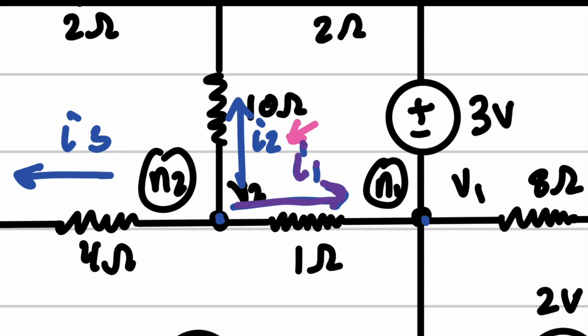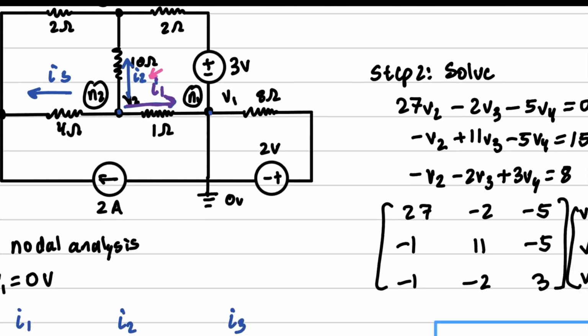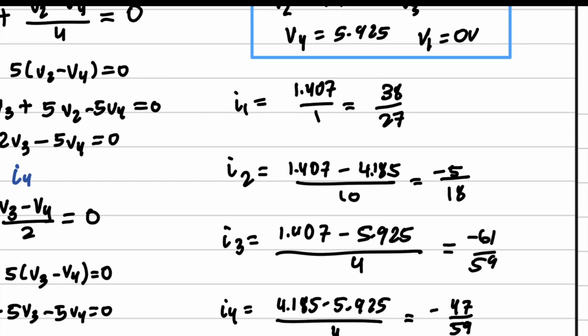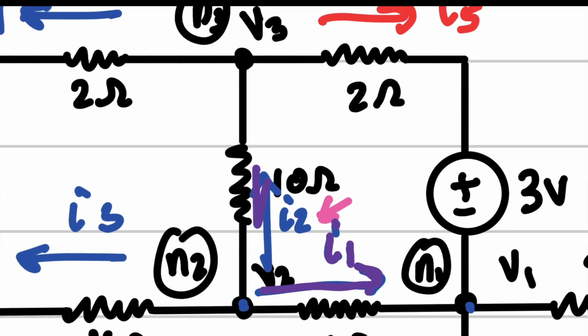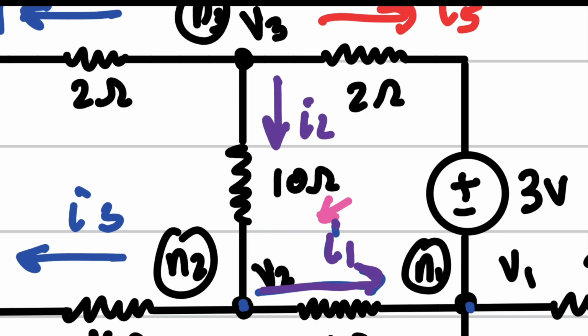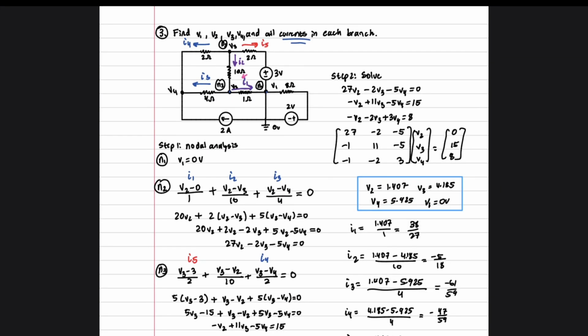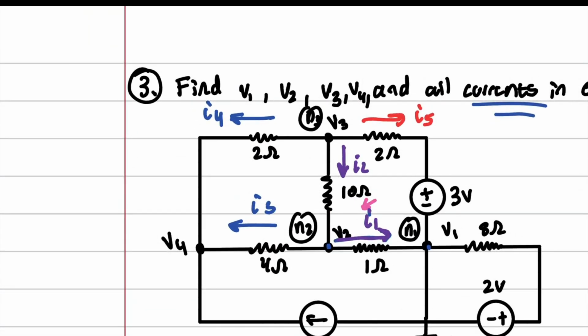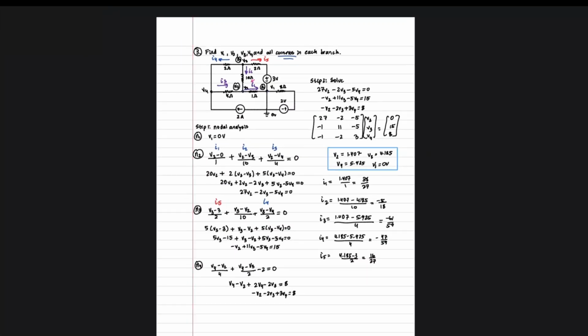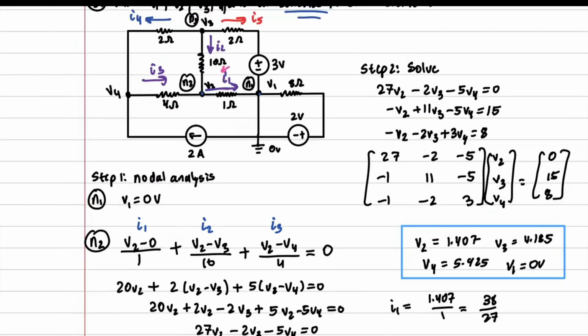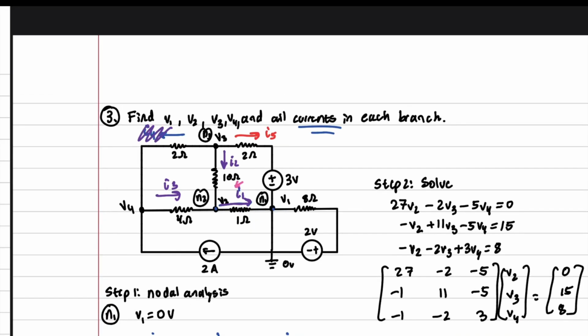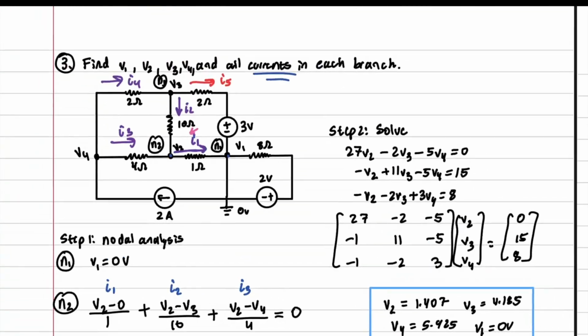Now, I2 is negative, so instead of going up, it's actually going down. Same with I3, it's actually going to the right. And then I4 is going to the right. And I5 is continuing in its path this way.